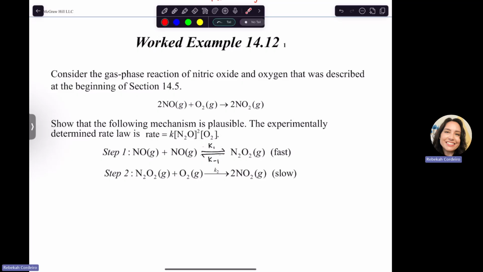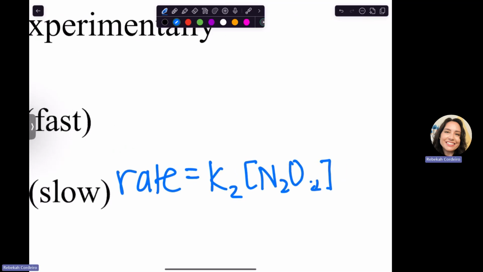So if you see in our experimental rate law, we don't have any N2O2, but N2O2 is in my slow step. So, all right, let's look at the rate of the slow step. Rate is equal to, and they use K2 here, so I'll say K2 times N2O2 times O2.